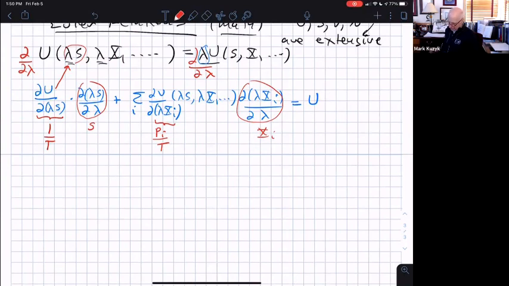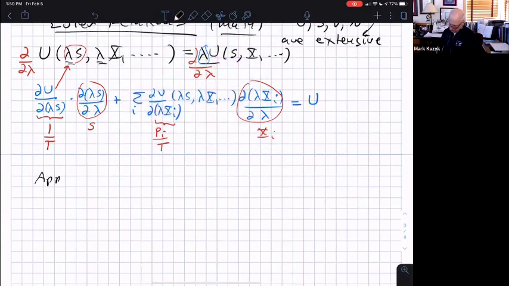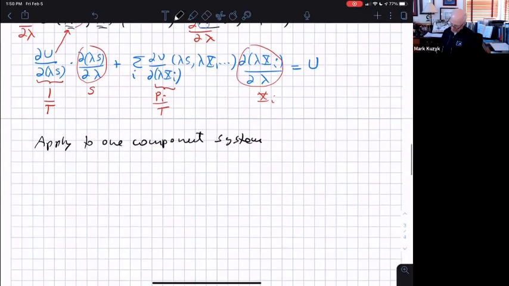So remember, this p is like a generalized intensive parameter. So if we apply it now to our one component system, sorry about my handwriting, we're going to get the following. Oh, and I just said something wrong here. I thought I was in the entropy representation. What's du ds?